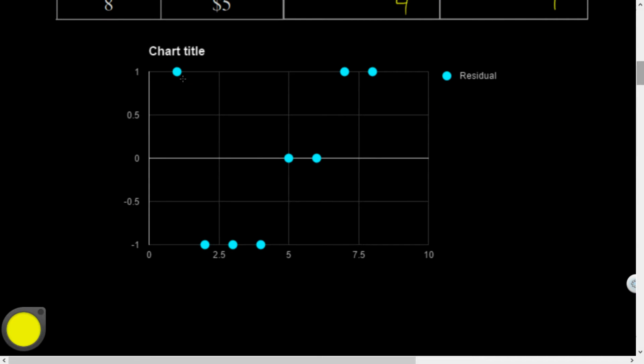The fact that all of these points are close to 0 means that the model is a good representation of the data, since the residuals are close to 0.